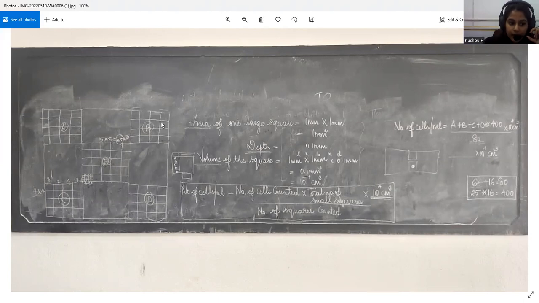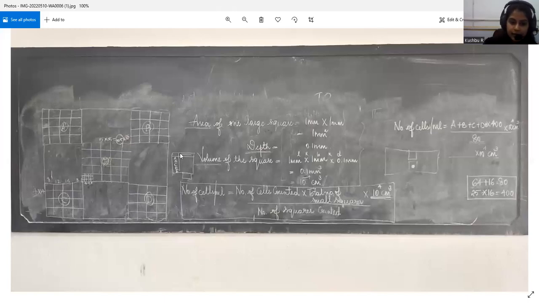The four corners are made up of 4 into 4 cells, and the middle square is made up of 5 into 5 squares. So this is the overview of the haemocytometer partitions or grooves used to enumerate yeast cells.